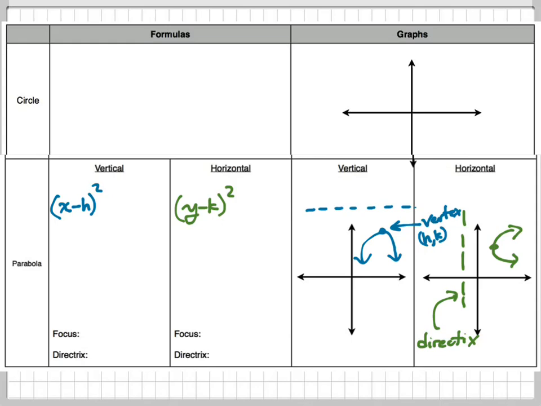So this one is the y squared. We got the y squared one and the x squared one. For the x squared one, let's finish it: it equals 4p times y minus k. And then if we go over to the horizontal one, it's 4p times x minus h.